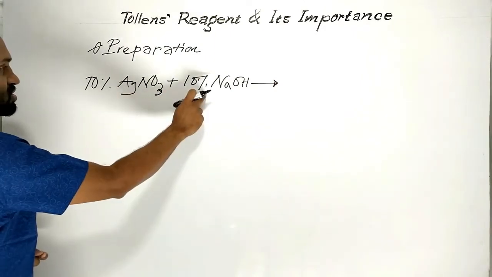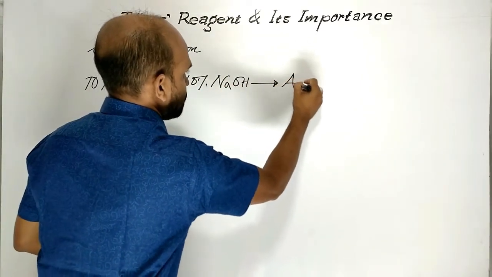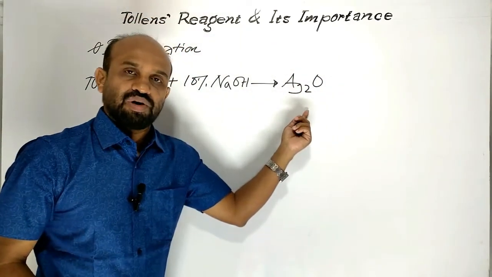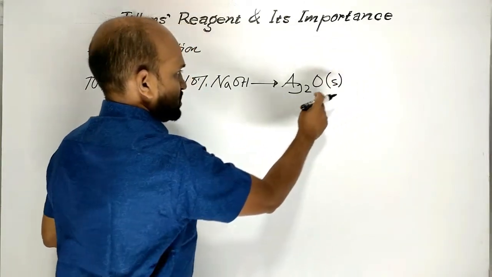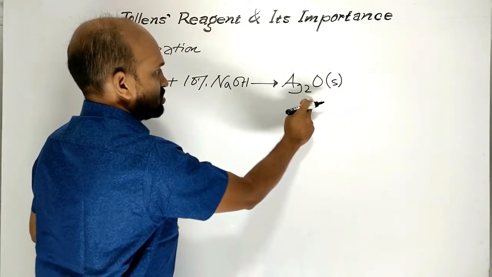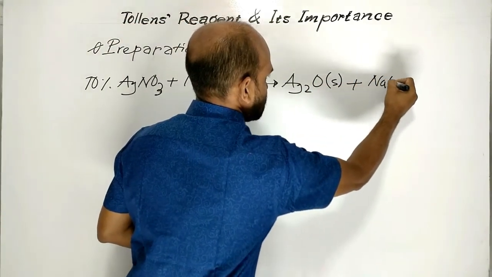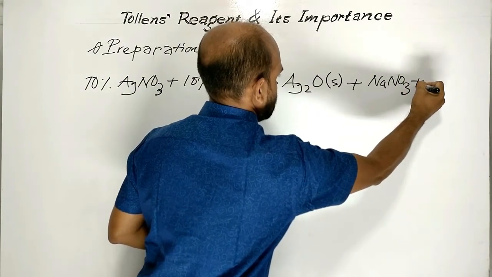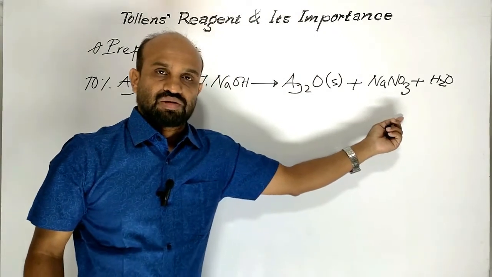From these components, a light brown precipitate of silver oxide is formed. Silver oxide is formed as a light brown precipitate. Sodium nitrate and water are formed as byproducts.